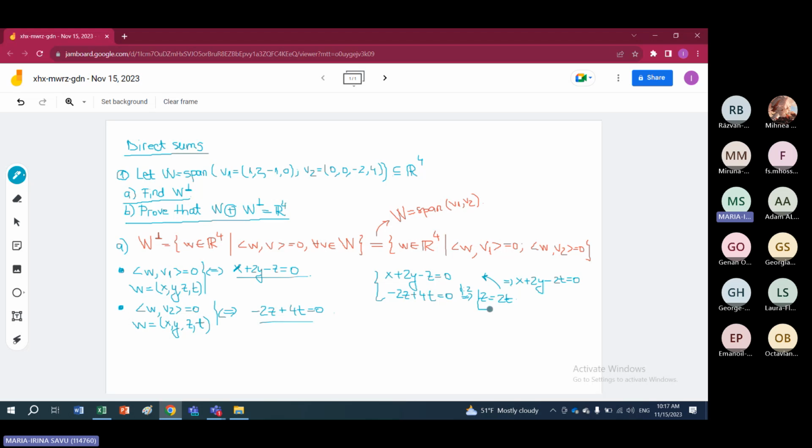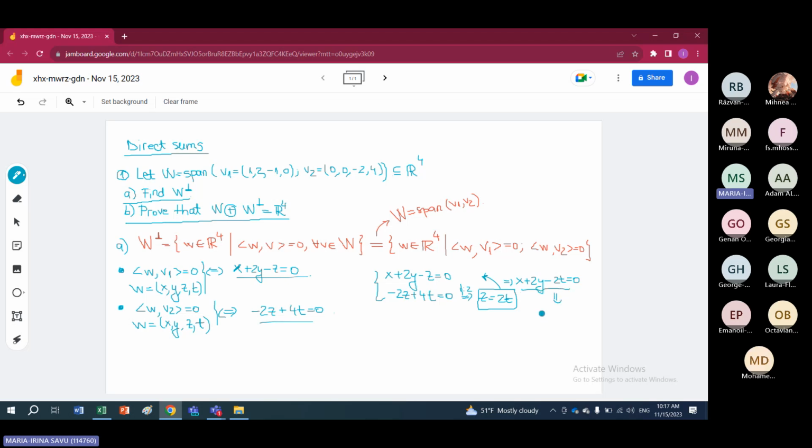The idea is that you express z using t, and now you have to express another unknown from here, again using t and another unknown. So from here, let's say that x is 2t minus 2y.